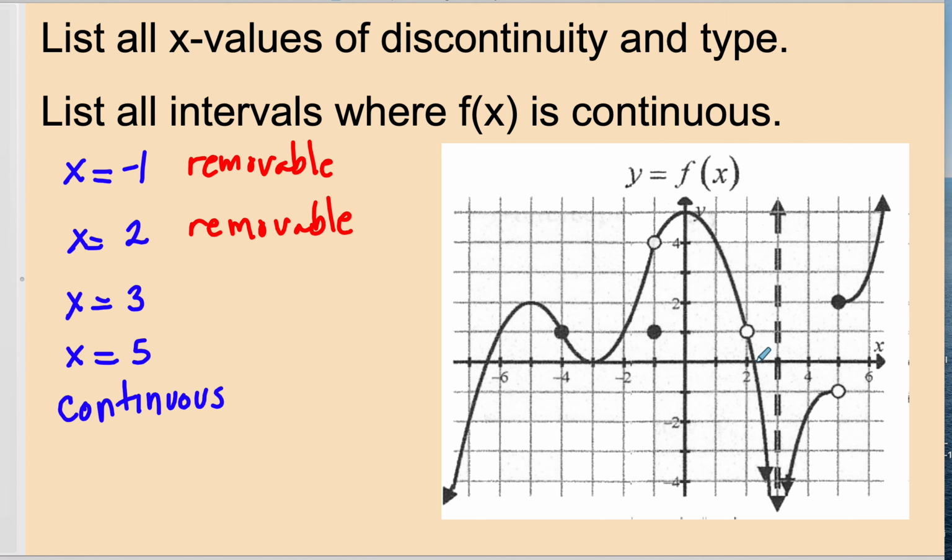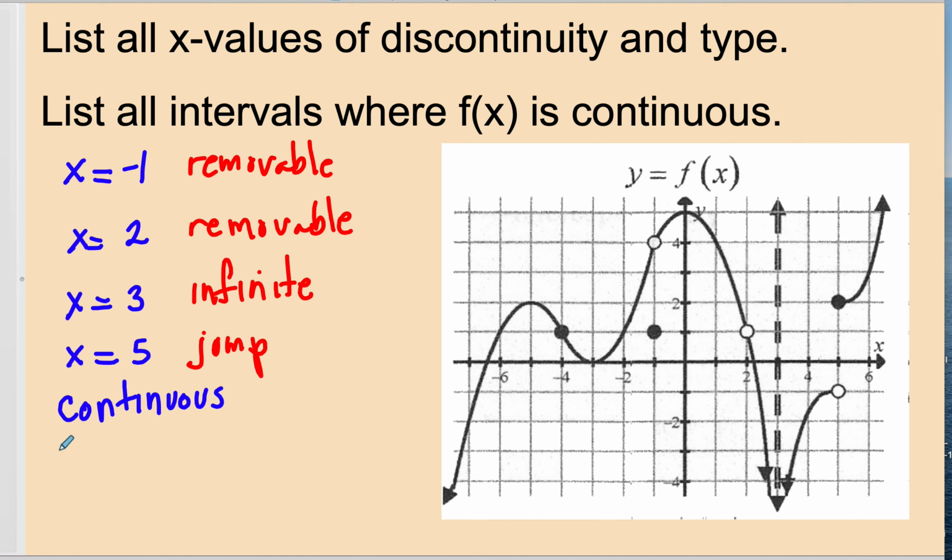And then we continue, and we notice that we're following an asymptote, and this asymptote is at 3, which means it's an infinite discontinuity. And then we continue here, and at 5 we have to hop up, there's a gap, and then we continue, and that will be a jump discontinuity.